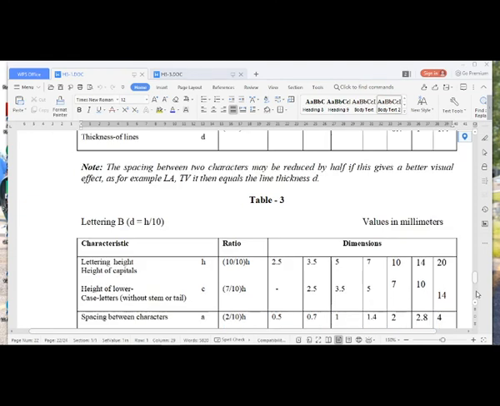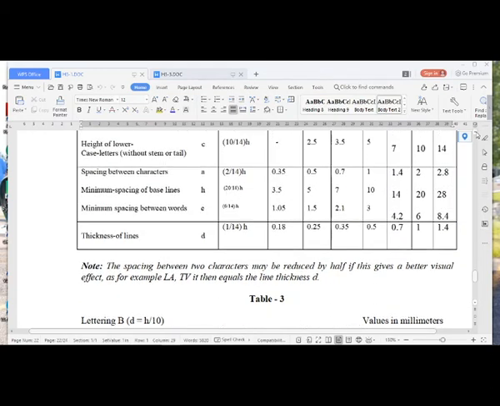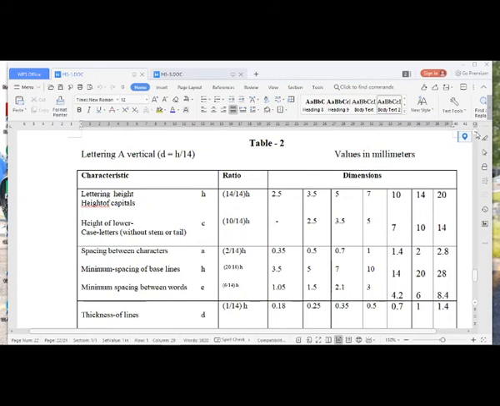So this is the table showing how we can use the thicknesses. Just observe table 2. The lettering height is h, which is the capital, that is 14 by 14 h, with dimensions 2.5, 3.5, 5, 7, 10, 14, 20. These are all lettering dimensions which will be used, where h is the height, and the height of lowercase letters without a stem or a tail, these will be used.